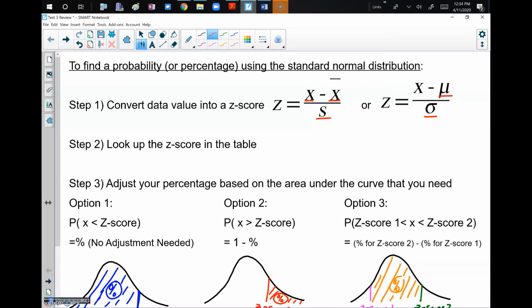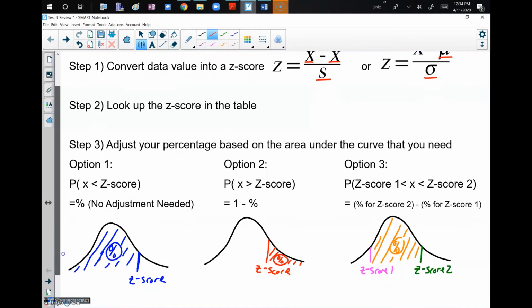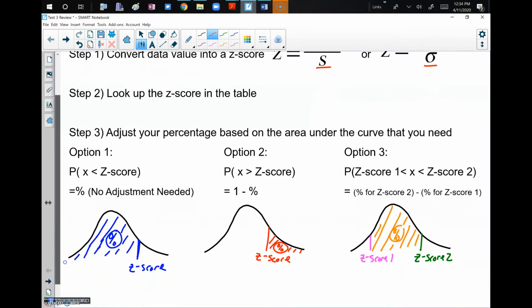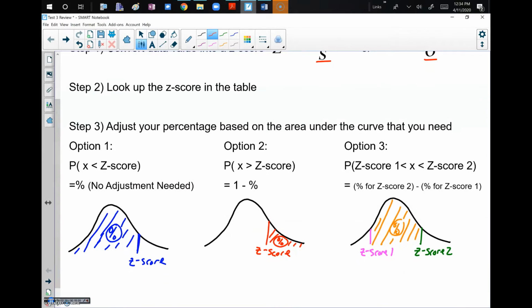Step two is to look up that z-score in the table. So we would look up the row and column for the different decimal places of our z-score, and then on the interior of our table would be a number between 0 and 1. It's going to be some 4-digit decimal, and that 4-digit decimal represents the area underneath my curve starting from the left.